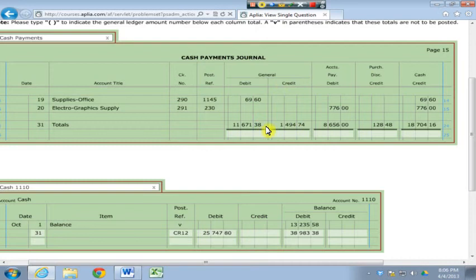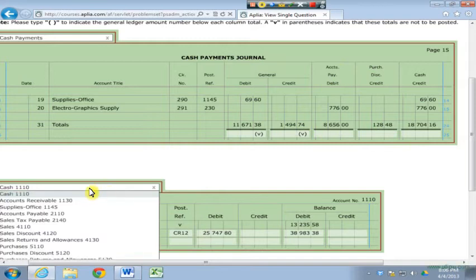Are we going to post these totals anywhere? No. So we need to put a check mark below them to show that we don't have to do anything with those. So what is the first ledger we're going to need to find? We need the accounts payable ledger.